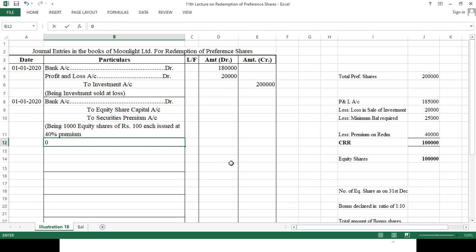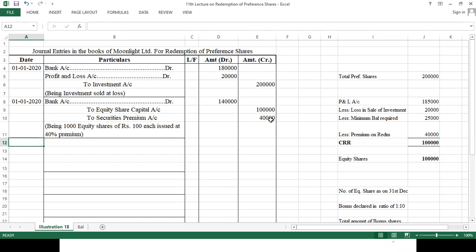Now let's see whether you calculate as per 40 rupees per share or 40% premium, it doesn't make any difference. 1 lakh rupees, what did we do? Equity share issue. 1,000 equity shares we have issued. So 1,000 multiplied by 40 comes to 40,000, or 40% of 1 lakh again comes to 40,000. So it doesn't make any difference. So total amount we are getting is 1,40,000 by issue of equity shares.